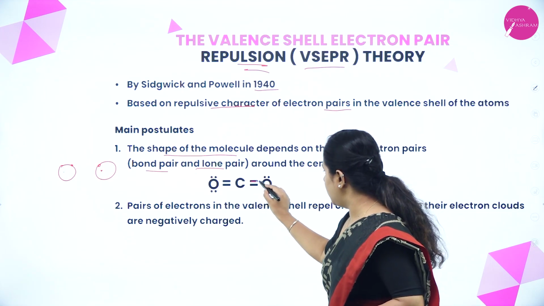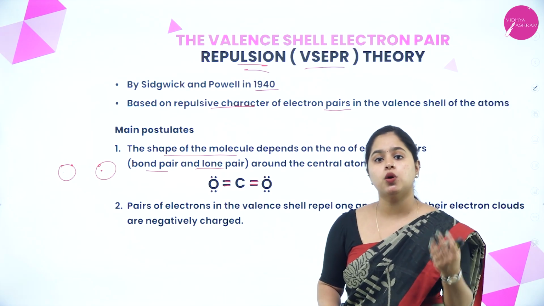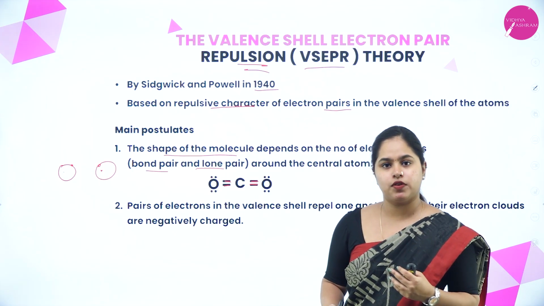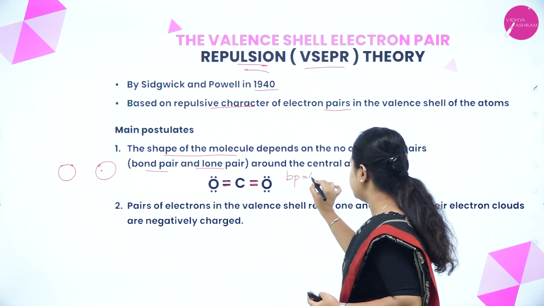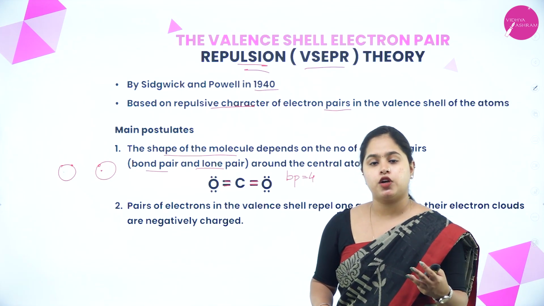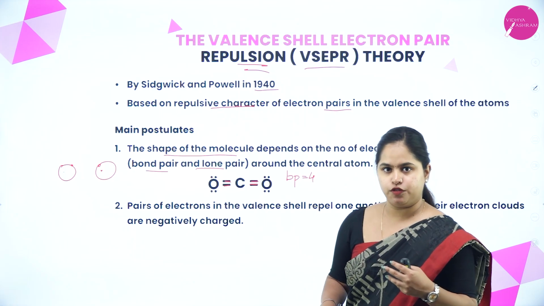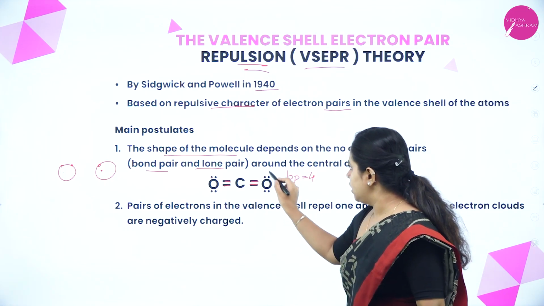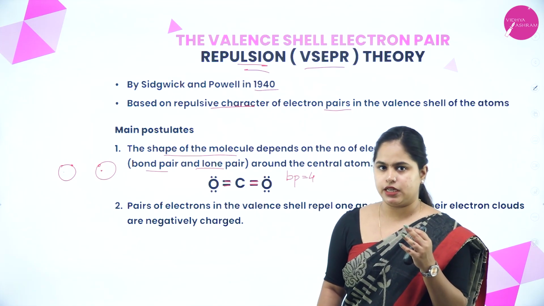As you can see, 1, 2, 3 and 4, 4 bonds are there. So a total of how many bond pairs will be there? Bond pairs will be equal to 4. And what is a lone pair? Those electrons or electron pairs which are not taking part in chemical bond formation. As you can see, these electron pairs present on the oxygen atom are not taking part in chemical bond formation.